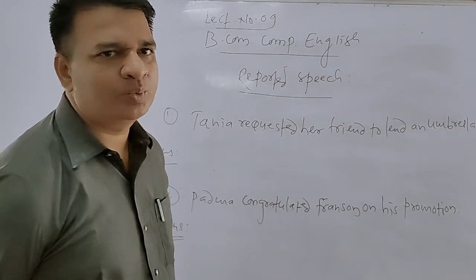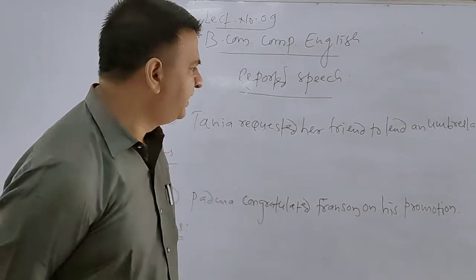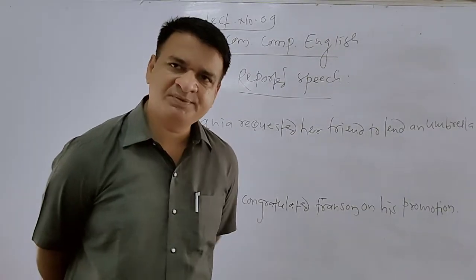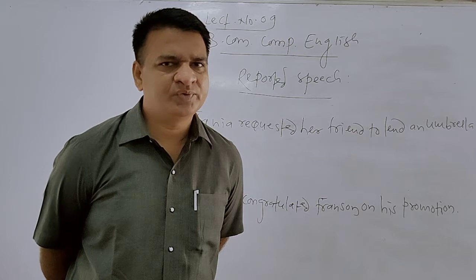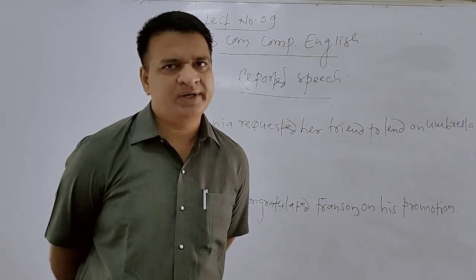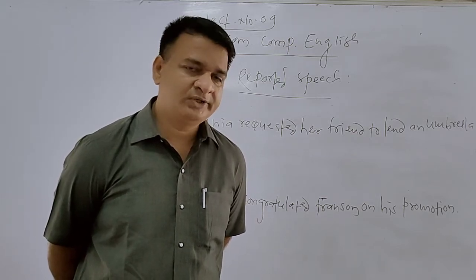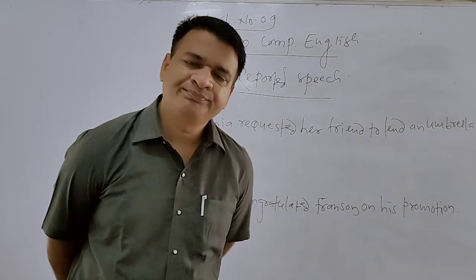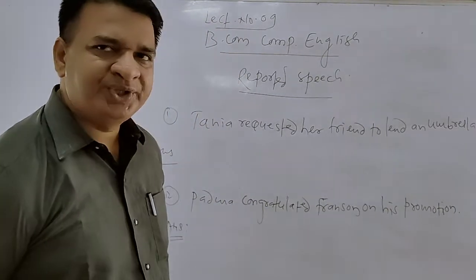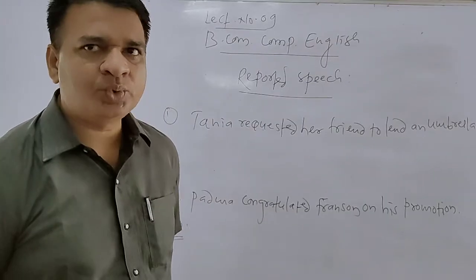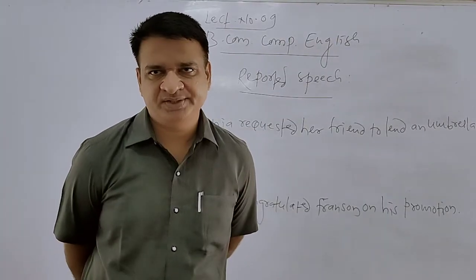We have to convert them from indirect speech, where there is no reference of any comma, inverted comma or any tense, into direct speech. So from indirect to direct, we will practice some examples today.